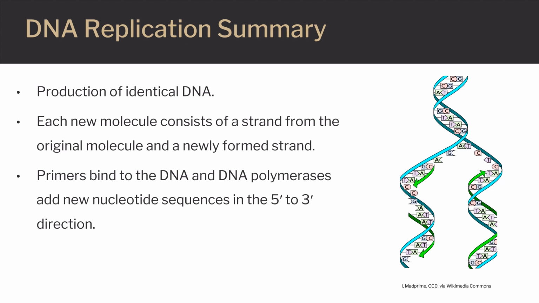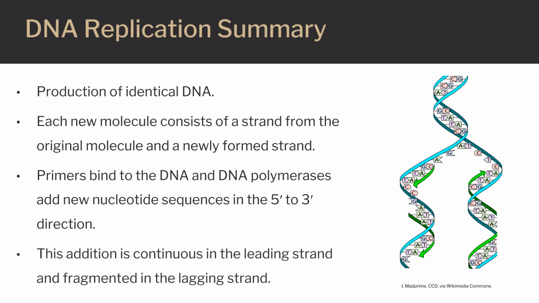Primers bind to the DNA, and DNA polymerases add new nucleotide sequences in the 5' to 3' direction. This addition of nucleotides happens in a continuous manner in the leading strand and in a fragmented manner in the lagging strand. Once elongation of the DNA strands is complete, the strands are checked for errors and, if necessary, repairs are made.